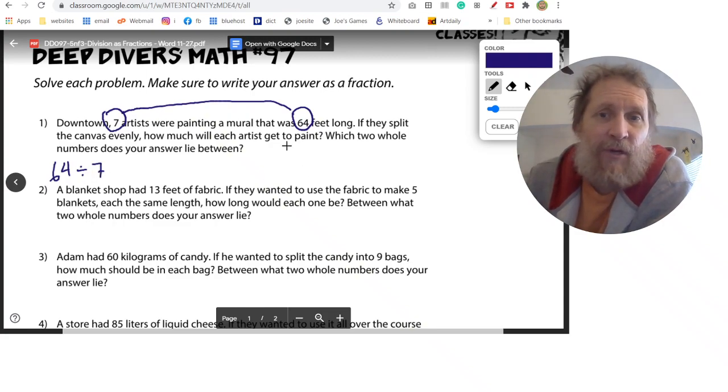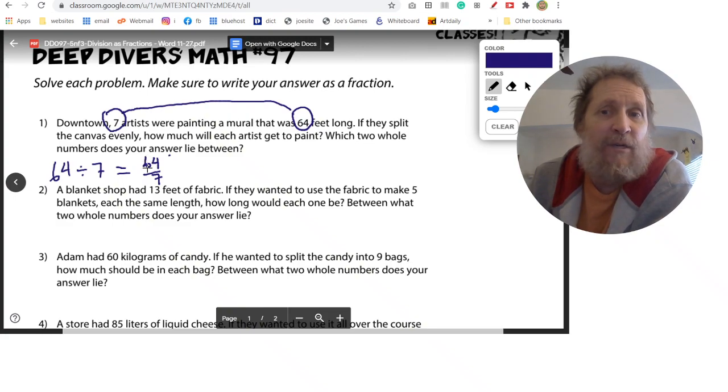Well, that might look like a difficult problem when you write it like that. But if you remember that fractions are division problems, then you know you can also write it as 64 over 7. These 2 things equal the same thing. 64 divided by 7 is the exact same as 64 over 7. You can read a fraction like this as 64 divided by 7.